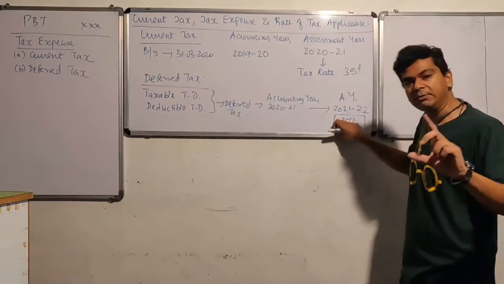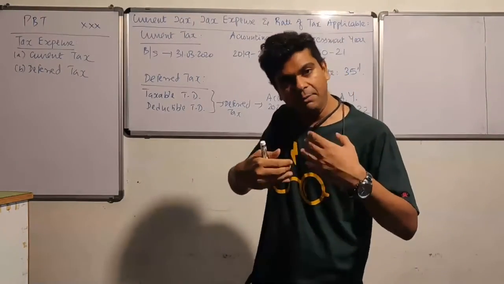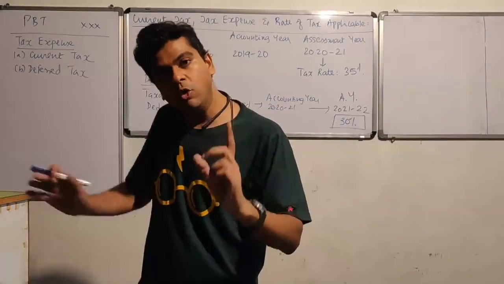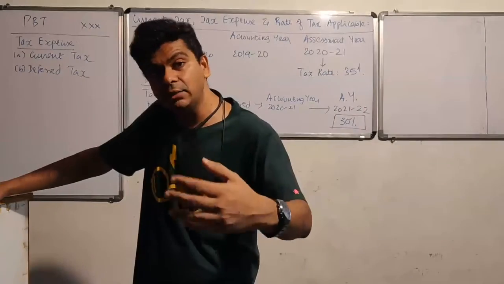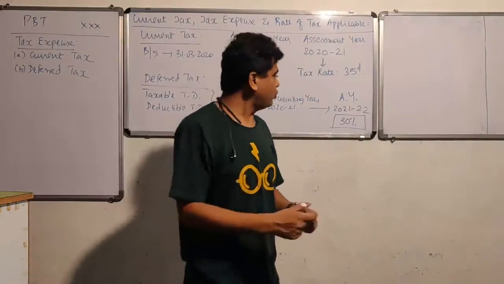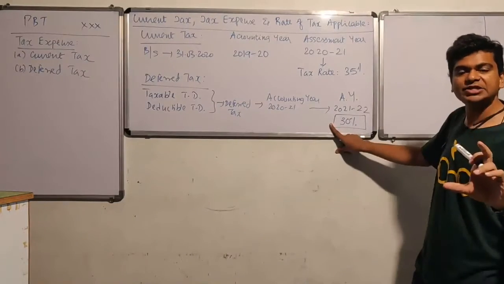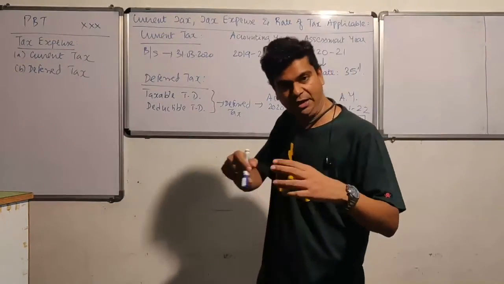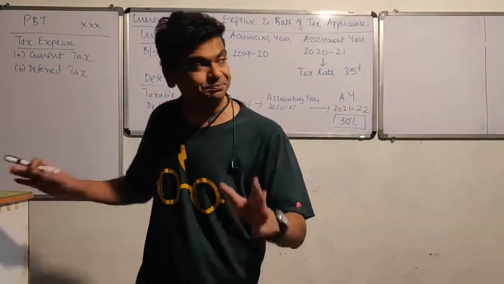When I am calculating my deferred taxes, it will not affect the current year. My deferred taxes will affect subsequent years. So you have to use the tax rate which is expected to apply in the next year. So if you are already aware what the tax rate will be for the next assessment year, you can use that tax rate for the computation of deferred taxes.